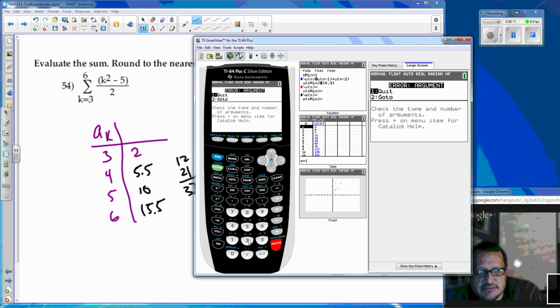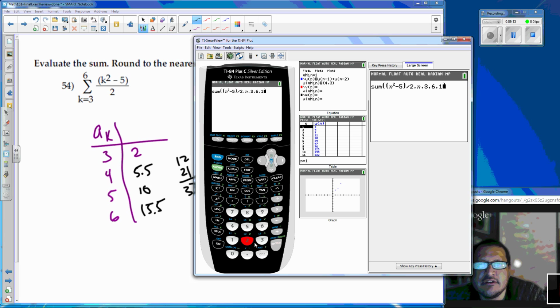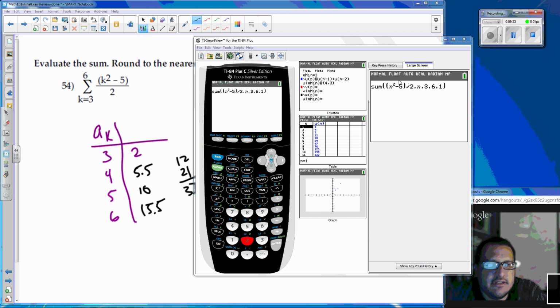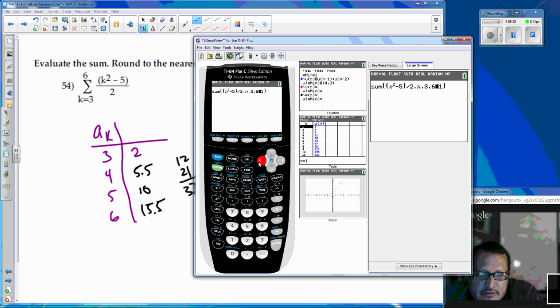I guess I got that wrong. What I did wrong here was what I need to do is sum of the sequence.